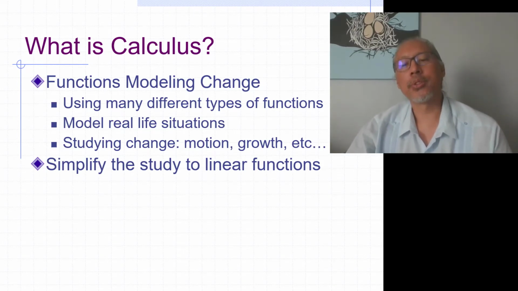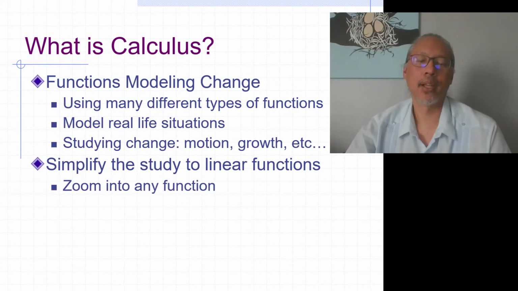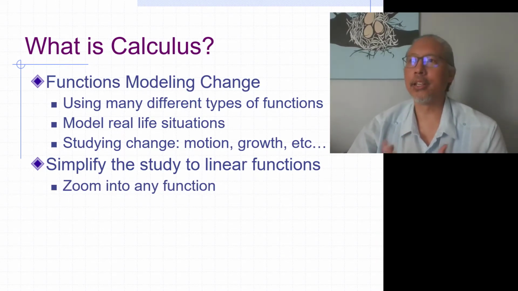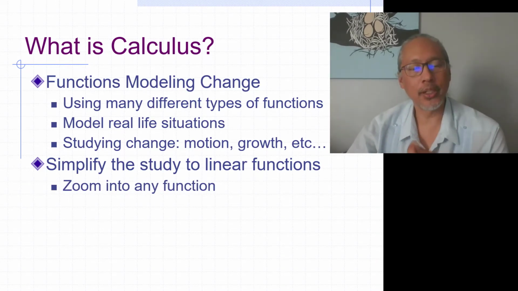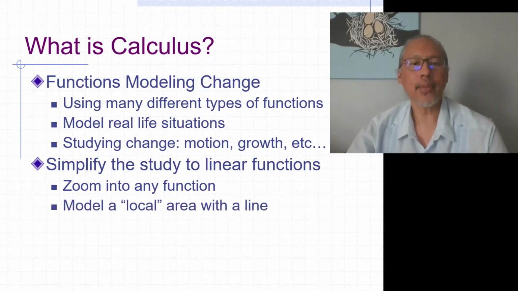We will use linear functions as our model to simplify the many different types of functions that we're going to study. The idea is to take a look at any of those functions, and if we zoom in close enough, it'll look like a line. This idea is called localization.